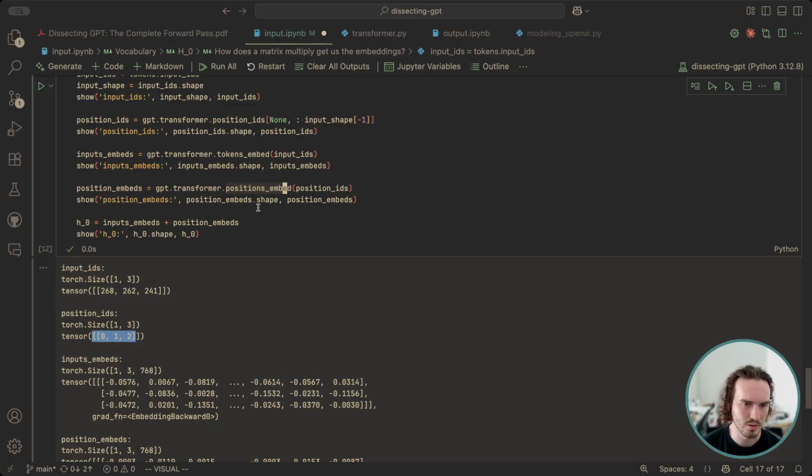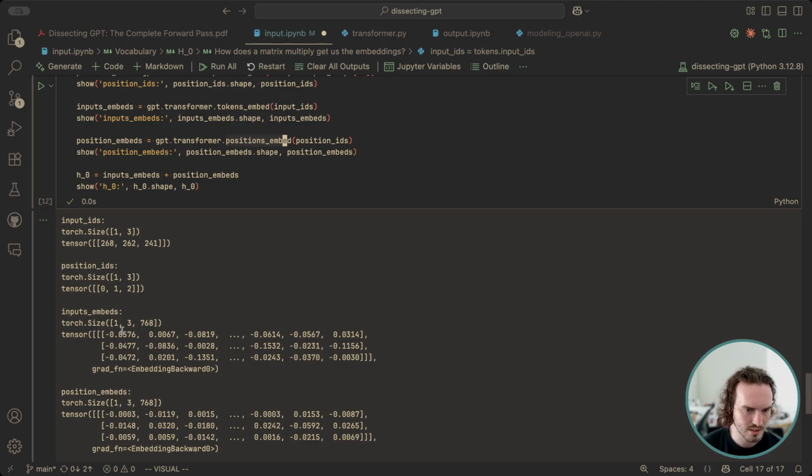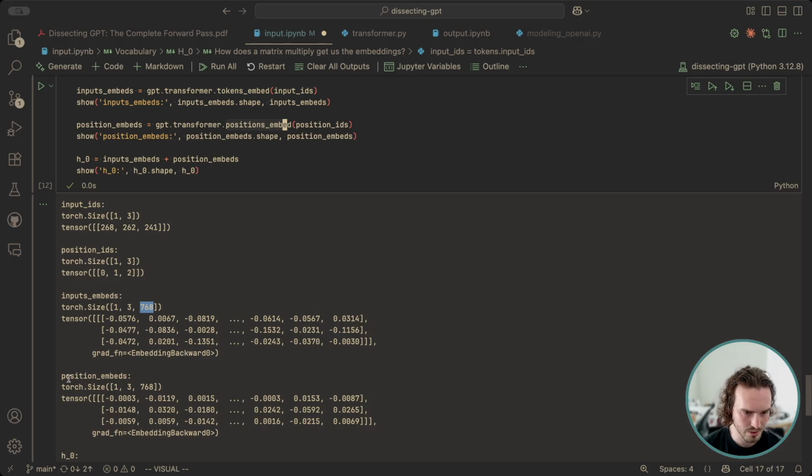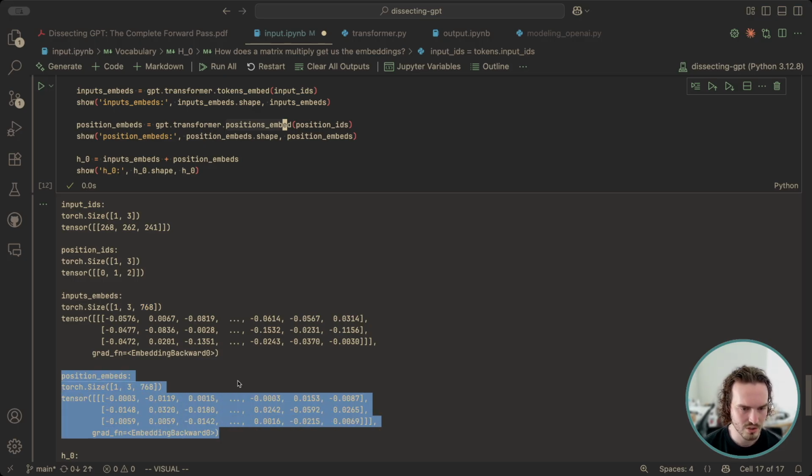At that point, our input embeds is going to be 1 by 3 by 768 dimensions. That's saying we have one batch of 3 tokens, and they're each represented with 768 dimensions. And then the same is true for the position embeddings.